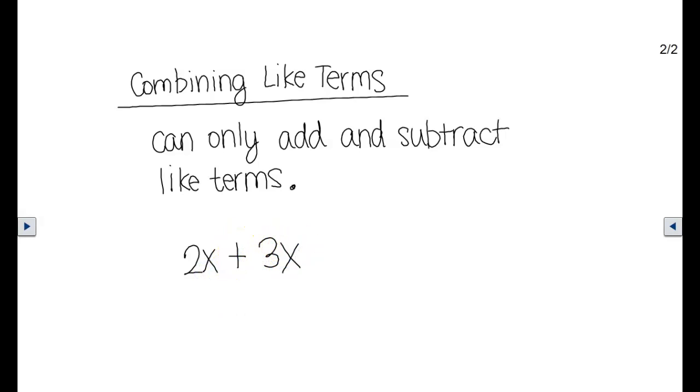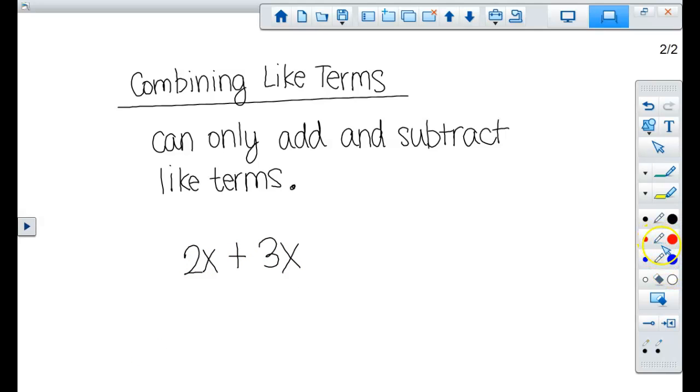Here is a simple little math problem, 2x plus 3x. Now, you'll remember from yesterday that terms are connected by either addition or subtraction signs. So you'll notice here, I'm connected by addition, so there are two terms in this problem, 2x and 3x. Are they like terms?